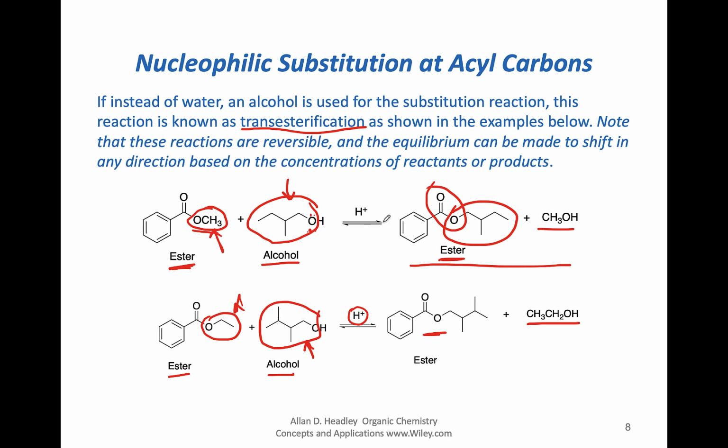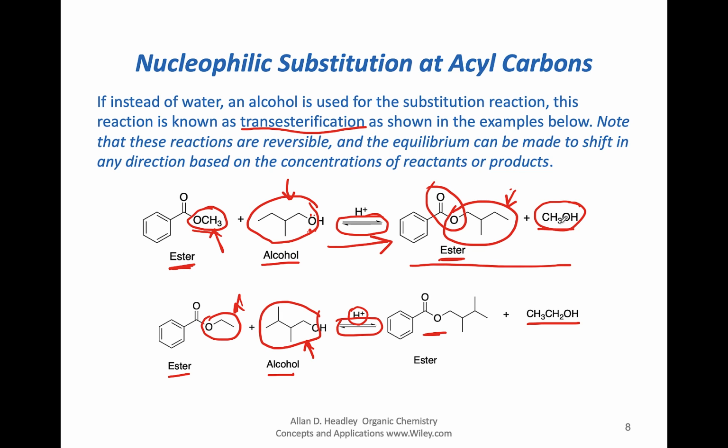One thing I should point out though is that these reactions here are reversible. So if you want to produce this reaction going to the right to produce a lot of this as the product, you can use Le Chatelier's principle as you studied in your Gen Chem by removing the reactant, hence the equilibrium will shift to the right.